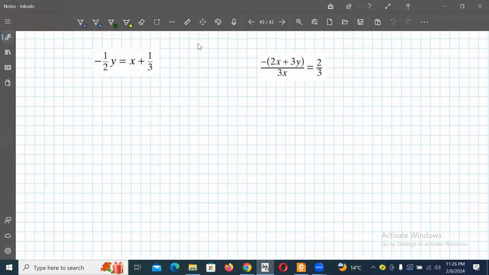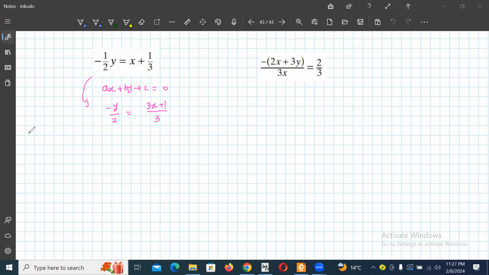See these questions. In these questions, I will try to make a general equation of a straight line in this form: ax plus by plus c is equal to 0. Right now it looks like a fraction. We can say that this is minus y over 2 is equal to, next you can take 3 as LCM, 3x plus 1.